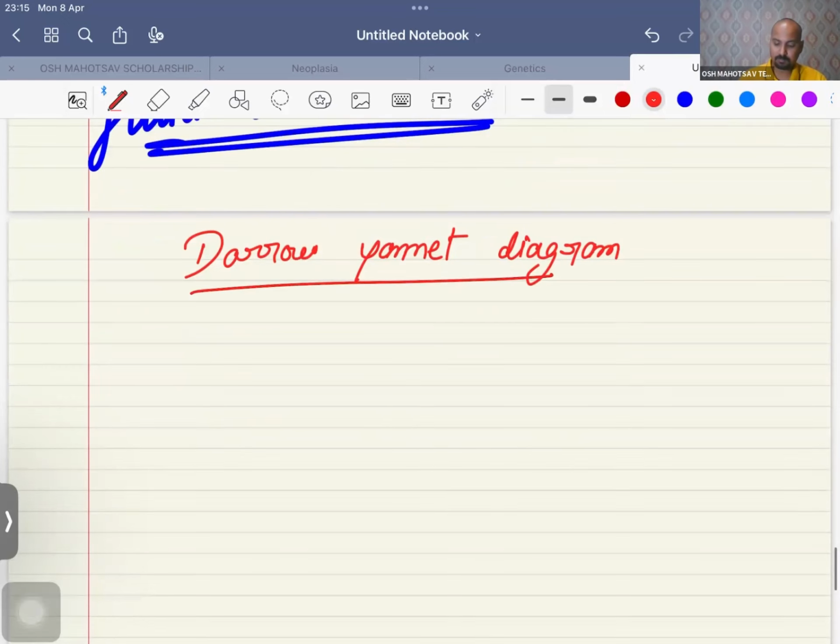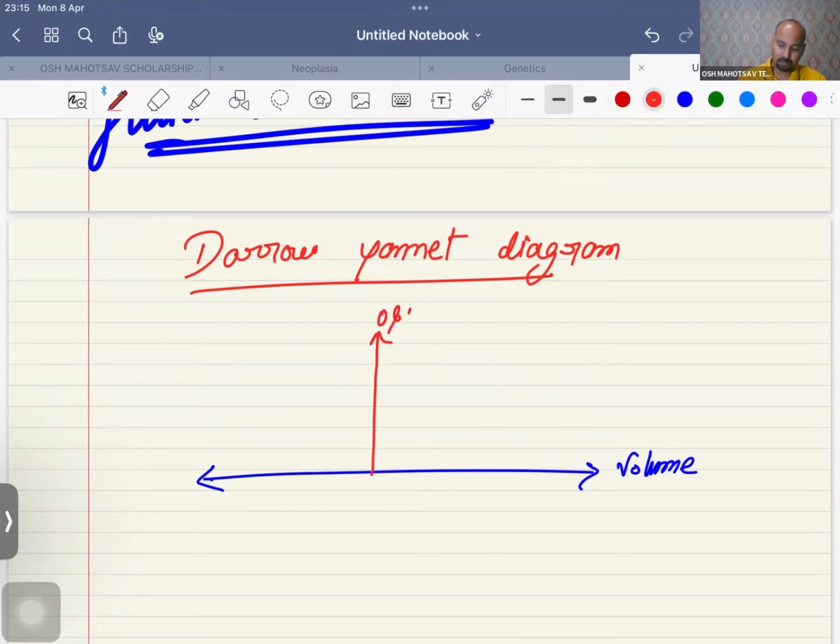In this diagram, on the horizontal axis we have volume, and on the vertical axis we have osmolarity. Okay. One side we have ECF and another side we have ICF. This is called the Darrow-Yannet diagram.